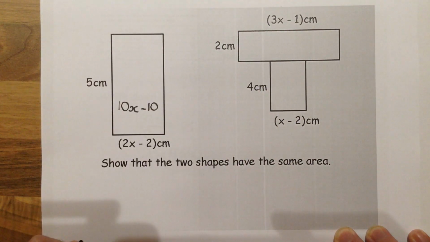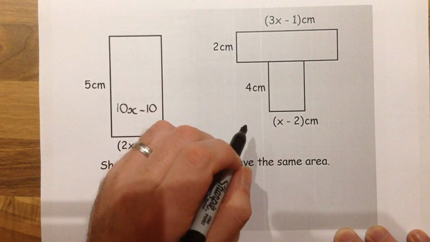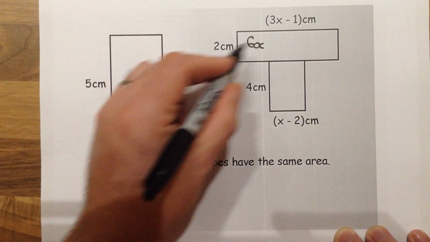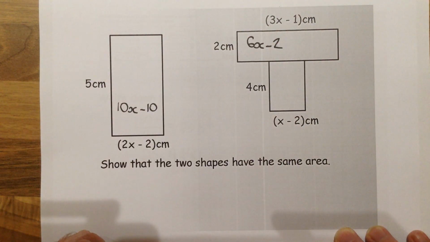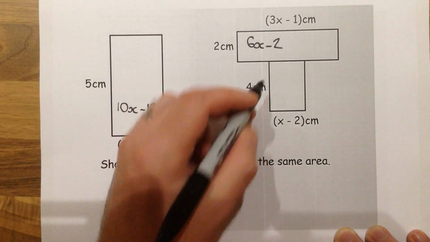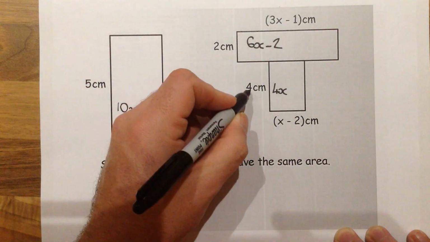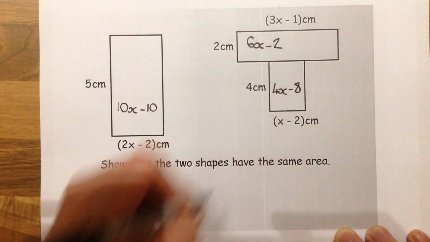For this one, we would need to do two different sections. So here I would do 2 times 3x to give me 6x, and 2 times minus 1 to give me minus 2. And then the same down here, 4 multiplied by x gives me 4x, and 4 multiplied by 2 gives me minus 8.